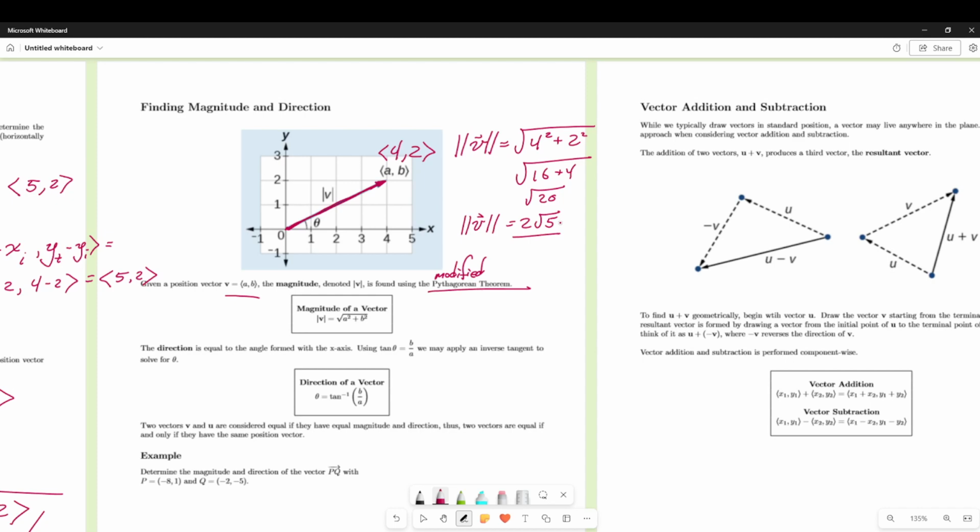Direction, if we want that direction expressed as an angle, is essentially 4, 2 already kind of describes this direction almost in terms of a slope. You know, over 4 and up 2 describes a direction. But if we want that direction described in terms of an angle in standard position, we need some of our trig. Luckily, that's what we've been doing here. So, this bugs me, I'll tell you why in a second.